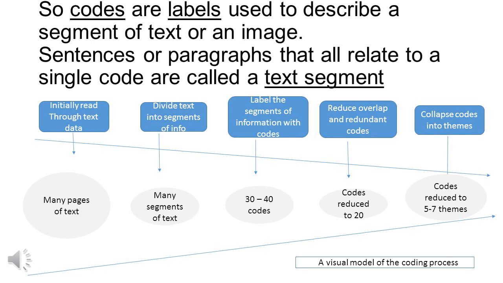We will see an example to see this clearly. And then you can reduce these 40 or 30 codes to 20, for example. So here what do you do? You reduce overlap and redundant codes. And then finally, you collapse codes into themes. So codes can be reduced to 5, 6, or 7 themes. This is the final step. Okay? So this is a visual of how you treat the text. You move to segments, you move to codes, and then finally to themes.